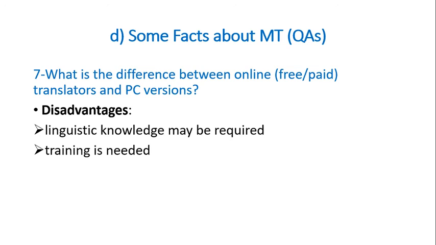You are supposed to read from page number 9, which is the brief history of machine translation, till page number 11. So we shall be scanning quickly the history of machine translation and the developments that took place during this very short but very significant history of machine translation.